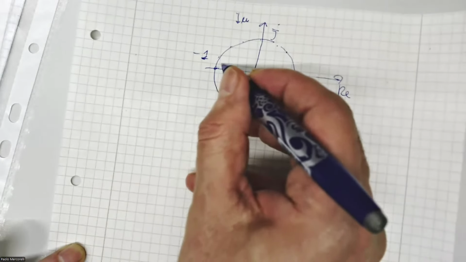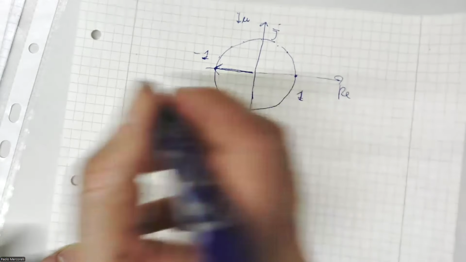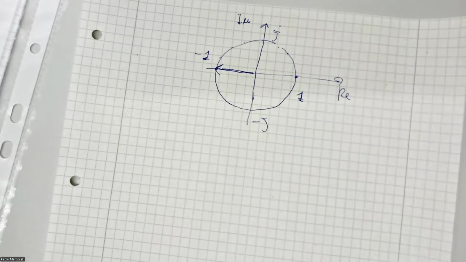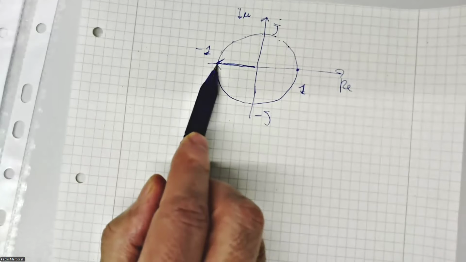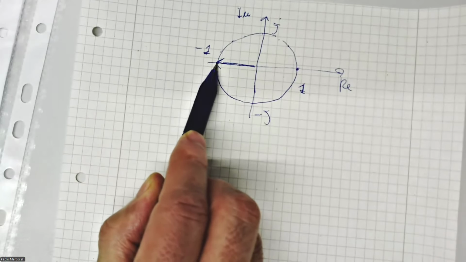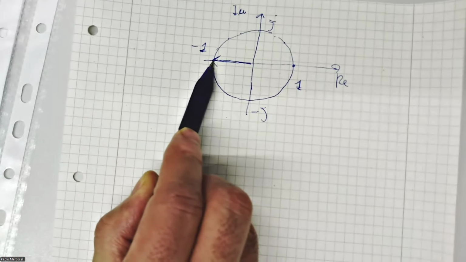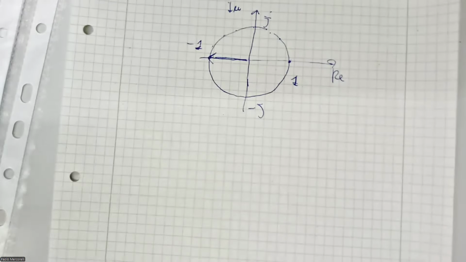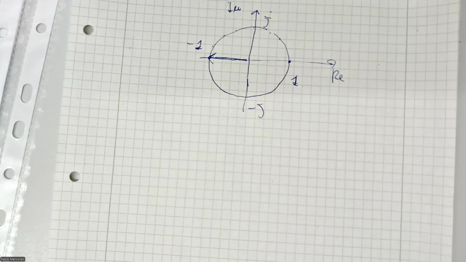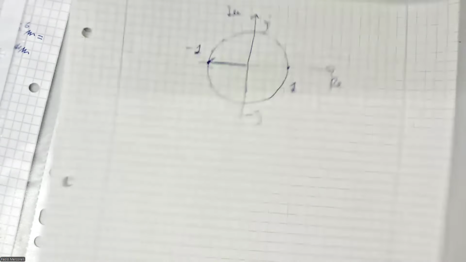I am looking for this vector, or this complex value, which is characterized by amplitude 1 and phase minus 180. And this must be valid for each S. This is the condition.